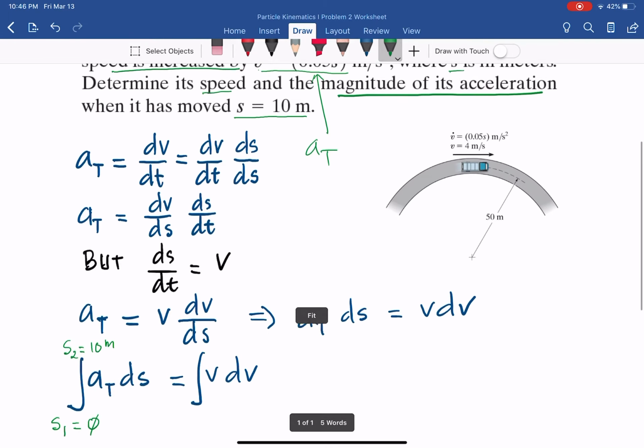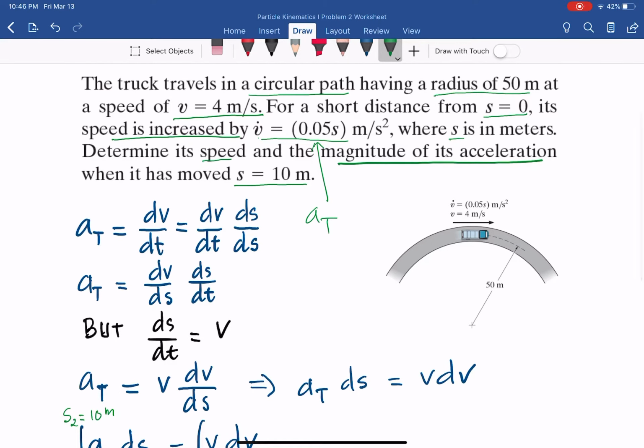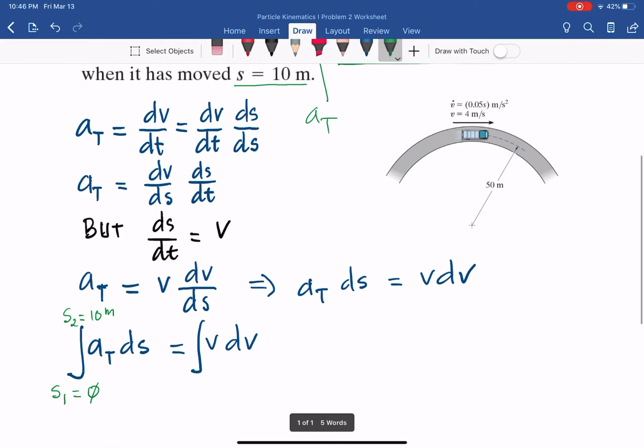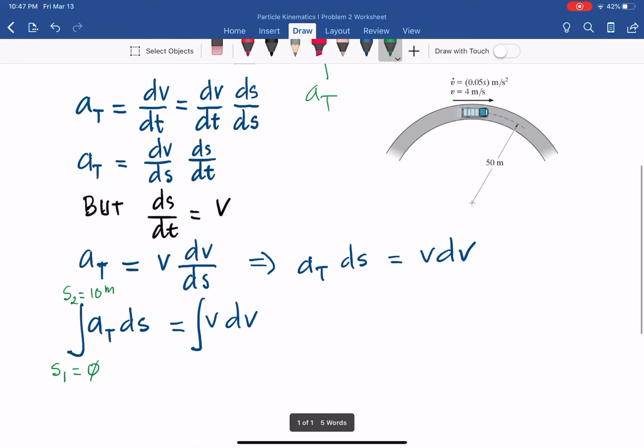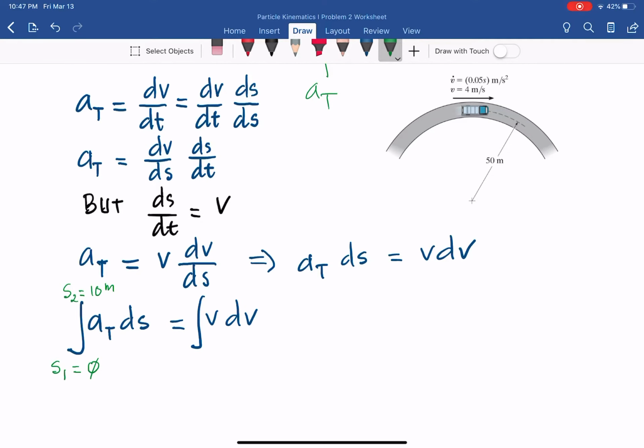Similarly for velocity, it starts at 4 meter per second, and the question asks what is the magnitude after it has moved 10 meters, so that is the unknown. So we have v1 equal to 4 meter per second, and v2 is what we want to find out.